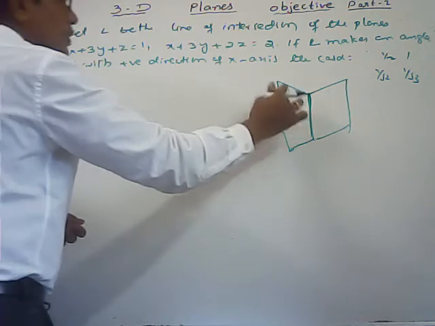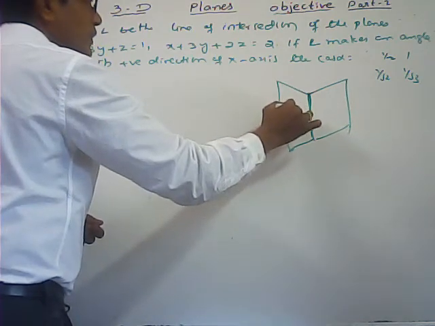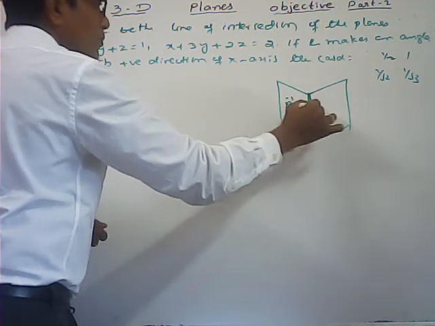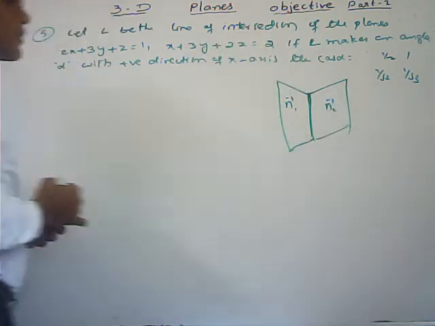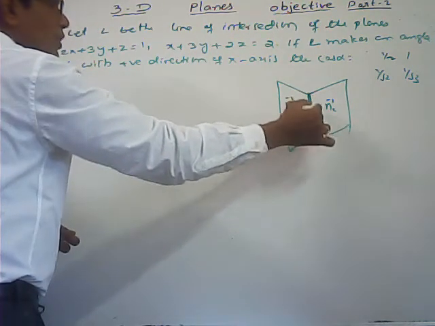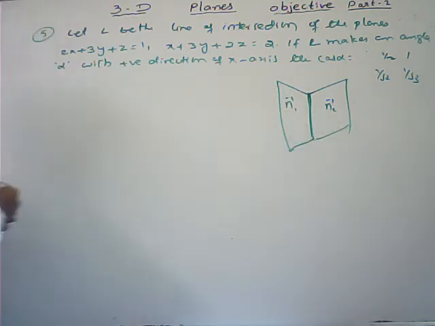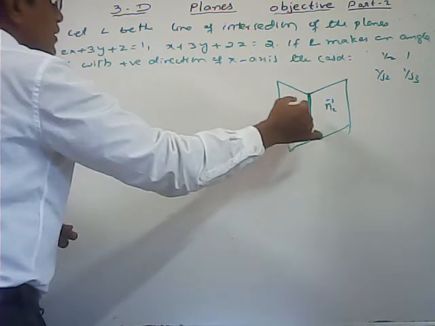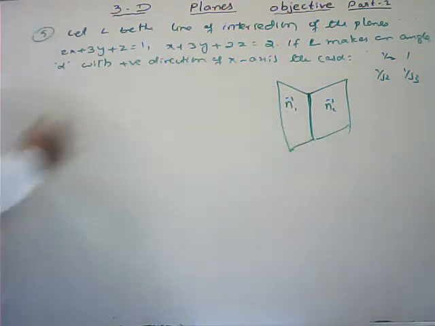Now what are the DRs of this line of intersection of these 2 planes? This is perpendicular to both the normal DRs of first plane, I am taking n1 bar, and the normal DRs of second plane, I am taking n2 bar. So the DRs of that line of intersection are the DRs of n1 bar cross n2 bar only.